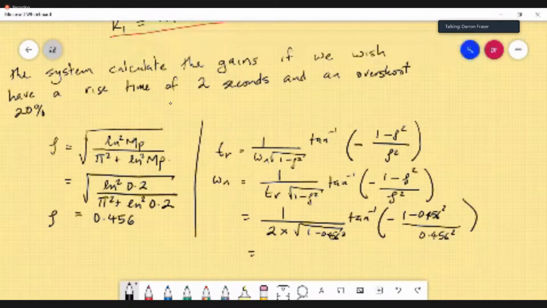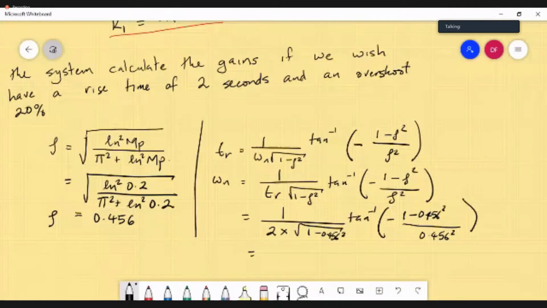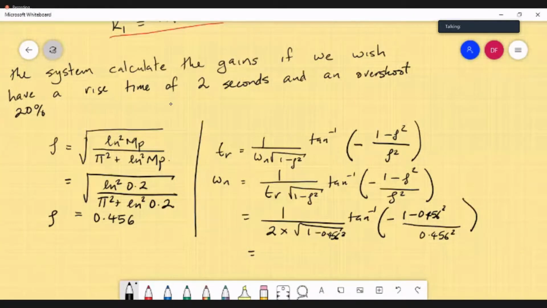That is 1 divided by 2 times the square root of bracket 1 minus 0.456 squared close bracket, and taking the reciprocal, I get 1.78.